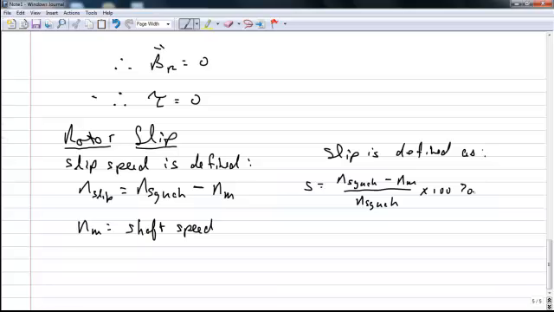We could rewrite these expressions using the angular speed in radians per second using omega, or here we're expressing it in revolutions per minute using n. The expressions would be exactly the same.